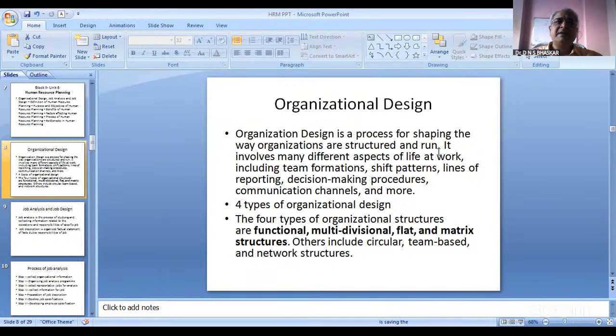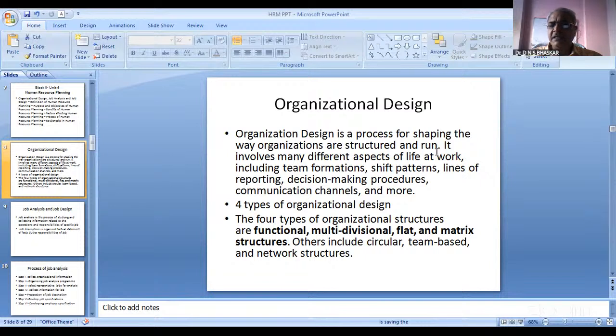That means what is the level of authority and what are the various structures in the organizational design, how many levels of authority are there, who is responsible to whom, what is the line of authority, span of supervision, span of control. All these aspects are to be understood.